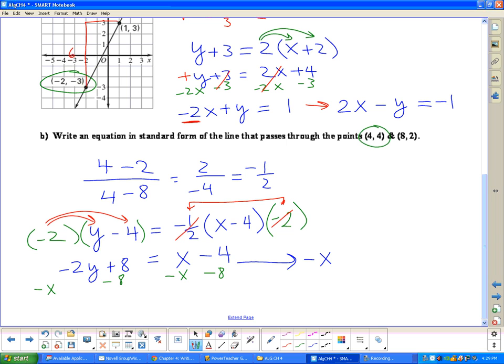Well, because they're both negative, I add them and keep the sign. Okay? And so the only thing I might do now is, I don't really love this negative in front of the x, so I'm going to change the sign of the x, and then I'm going to change the sign of everything else. As long as I do that, then that's a legal move. I can do it, and that's how you write the equation in standard form.